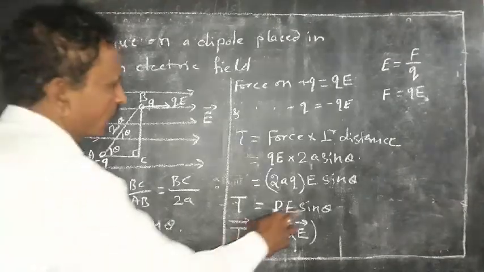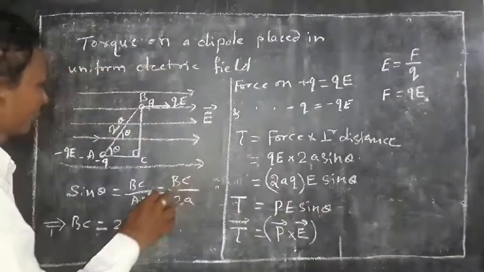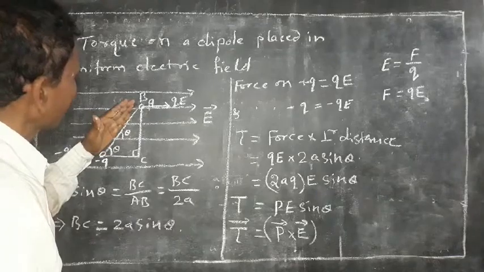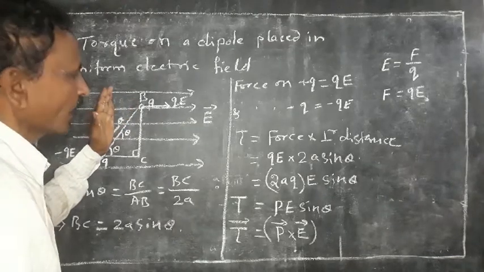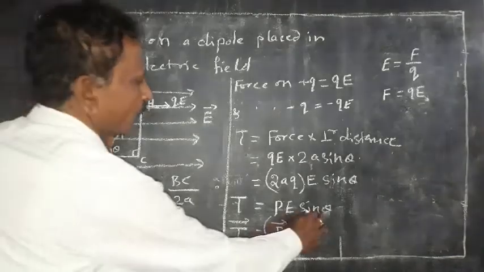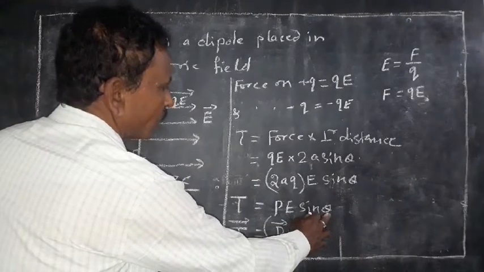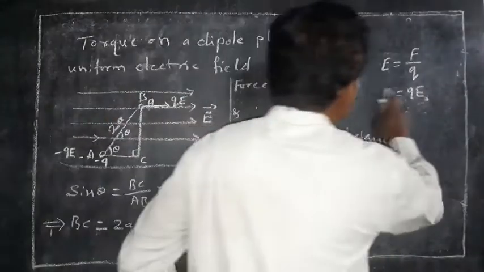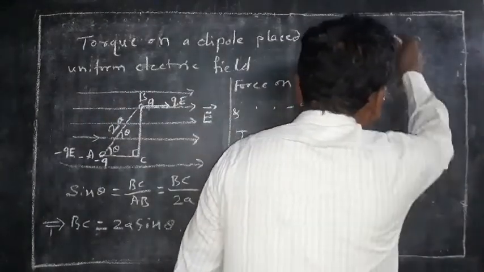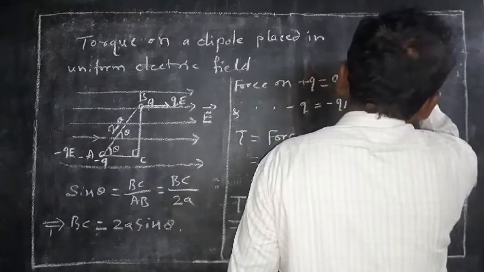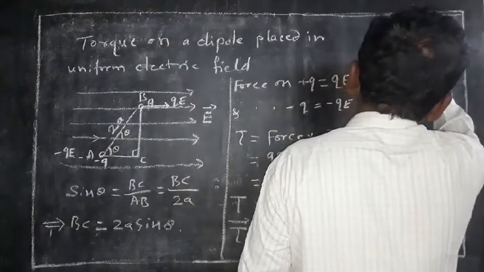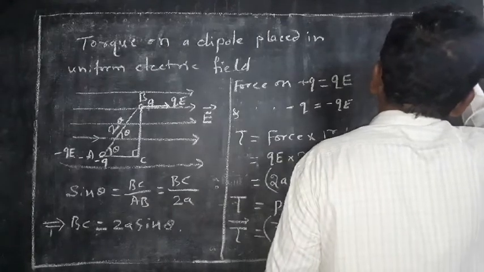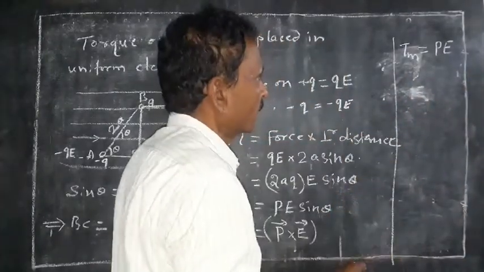If theta is equal to 90 degrees, that is, if the dipole moment makes an angle of 90 degrees with the field, then sin 90 equals 1, therefore tau equals PE. Therefore maximum torque is equal to P into E, when theta equals 90 degrees.